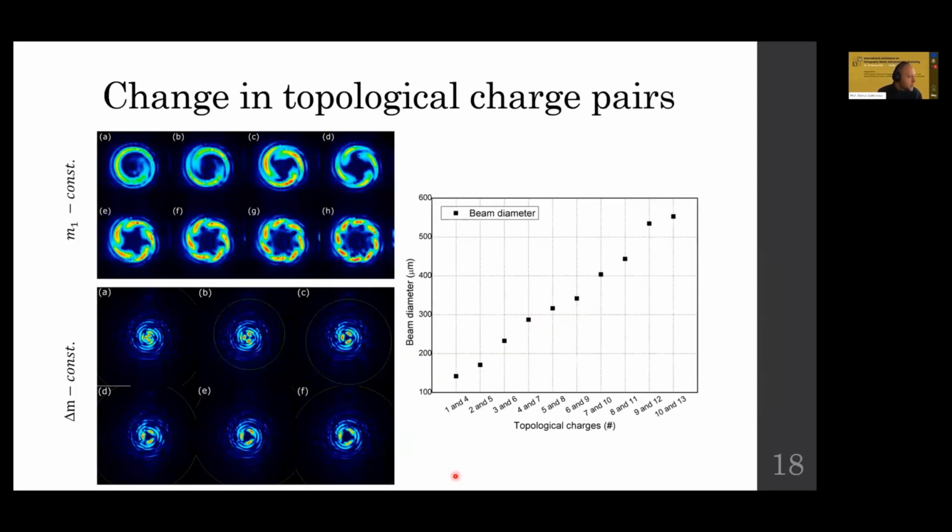So the limitations of this kind of approach are as follows. If you want to go to higher topological charges, might of course be a benefit, such as 1 and 4, 2 and 5, 3 and 6, 4 and 7, 5 and 8, 6 and 9, and so on.